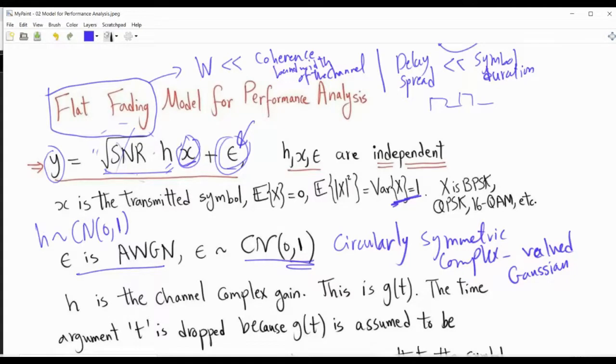Without this term here, I am basically normalizing everything to have unit variance. H is unit variance, epsilon is unit variance, which is the noise, x is unit variance. Well, we need a factor to tell us that the signal component is, let's say, 20 times higher in power than the noise, and so on. So this role will be played by this quantity.